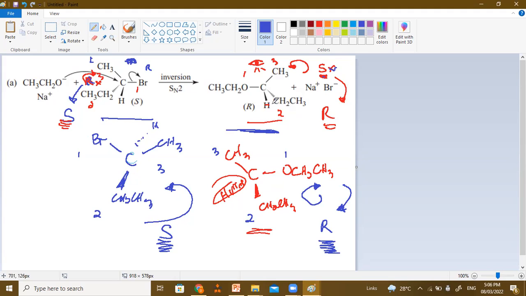Okay, the systematic way should have been to redraw when the hydrogen is oriented towards you. When hydrogen is oriented away from you, we have no problem, we can easily find the configuration. Okay, that's what we learned. But if hydrogen is oriented towards you, then we do post-processing.